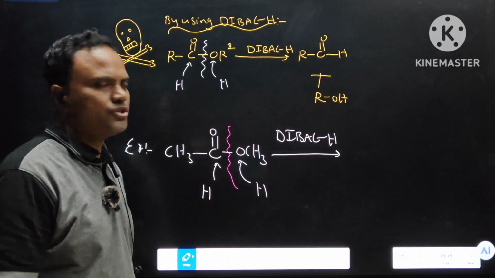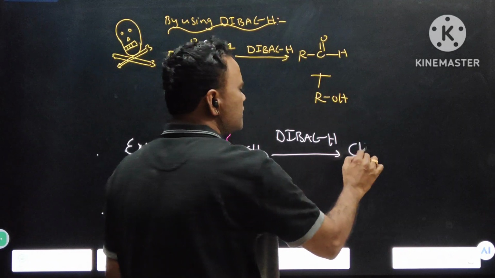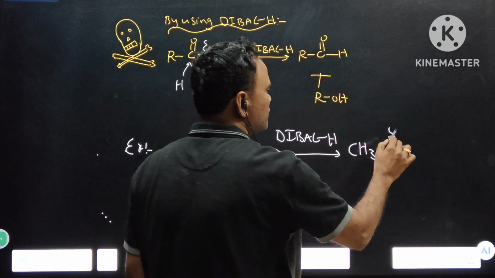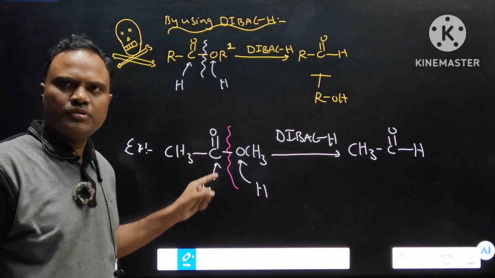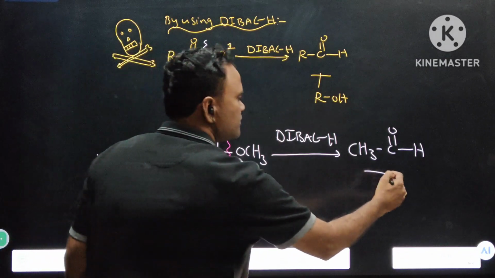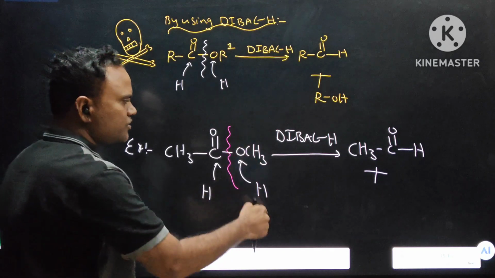CH3 C double bond OH. Aldehyde is produced, consider the aldehyde as a byproduct. CH3 C double bond OH. We are breaking this bond, so plus CH3OH.